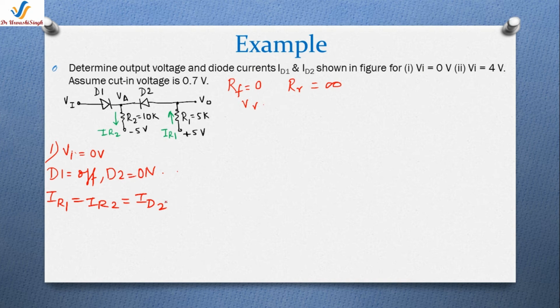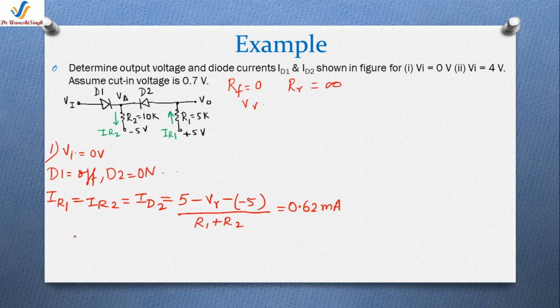There will be no ID1 because diode 1 is off, and it is given by applying the KVL. So we have 5 minus the cut-in voltage minus of minus 5 upon the resistances R1 plus R2. We know R1 and R2, so solving it, the diode current will be 0.62 milliampere.